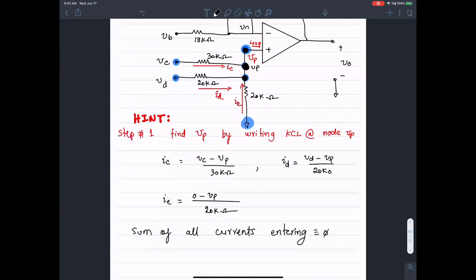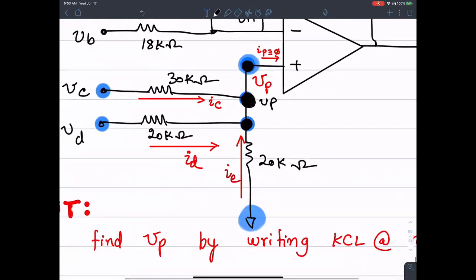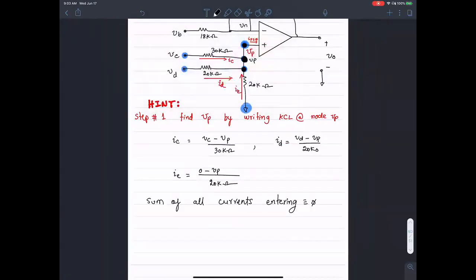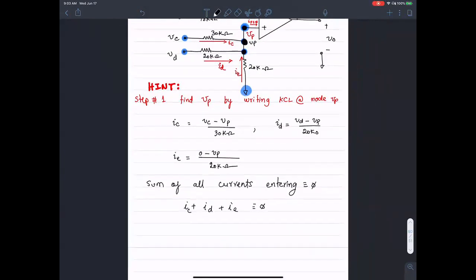In this case, there are 3 currents entering: IC, ID, and IE. So if I do that, IC plus ID plus IE equals 0. Right? Everybody with me? Yeah.